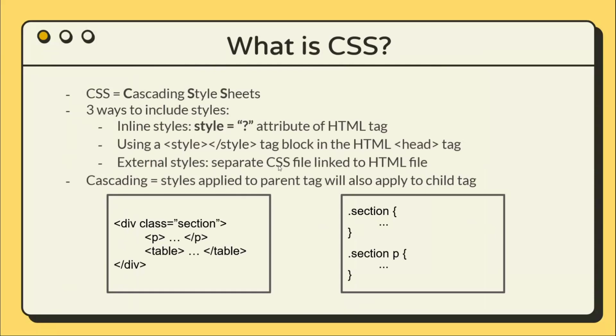Again, the CSS file is just a plain text document, and there's a special tag that you include in the heading of the HTML file which will link the CSS file to your HTML page. When you use external style sheets, the CSS file will be applied to any HTML files that link to it.